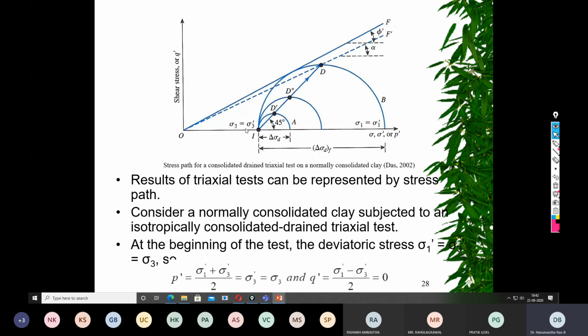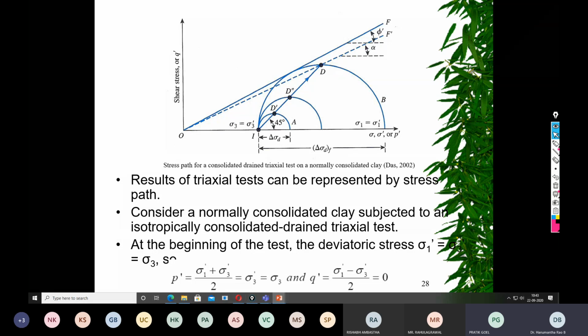Can anybody tell me how this condition, where sigma 3 remains constant and sigma 1 increases, can be achieved? By applying only the deviator stress.